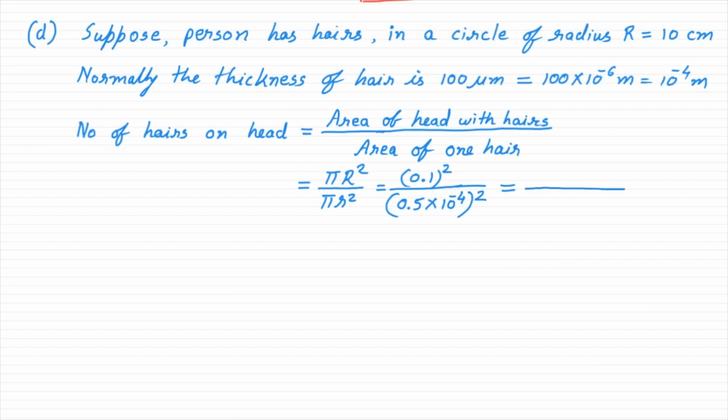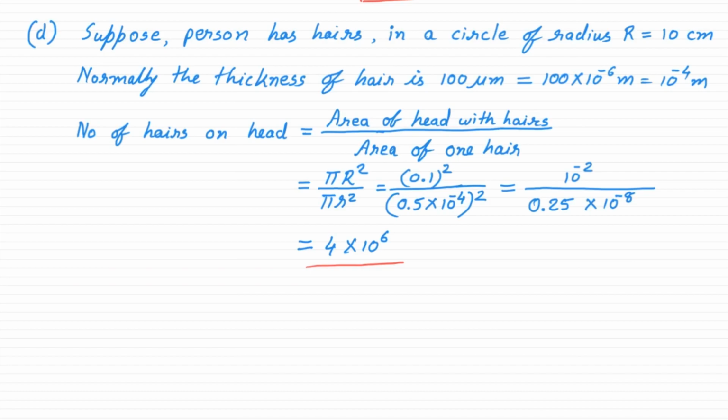So the numerator will be 0.1 square, which is 0.01, that means 10 raised to minus 2, and 0.5 square is 0.25 multiplied by 10 raised to minus 8. Solving this further, we get 4 into 10 raised to 6. So this is the estimated number of hairs on the head: 4 into 10 raised to 6, that means 40 lakh.